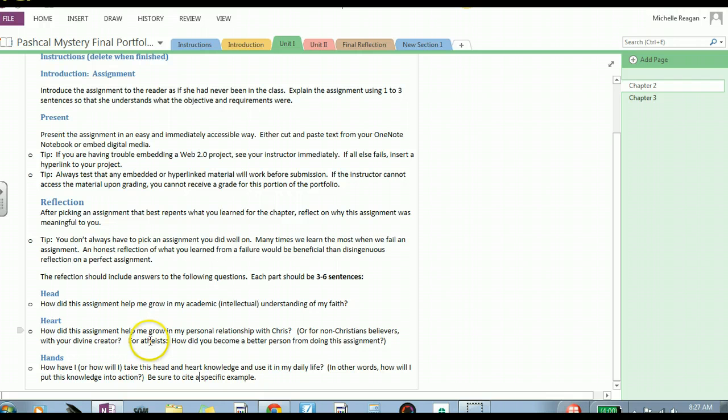If you're not a Christian, how did it help you grow in relationship to the divine creator? Or if you're an atheist, how did it help you become a better person? And for your hands part, 3 to 6 sentences on how you will take this knowledge and use it in your daily life. For that part, cite a specific example. So there's going to be 3 short little paragraphs for the reflection. And you basically do that for every single chapter.